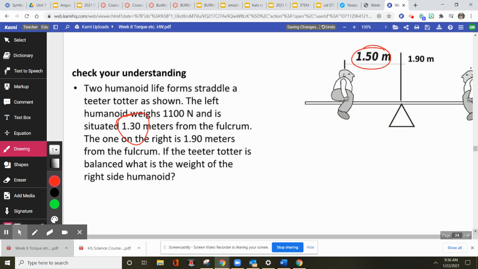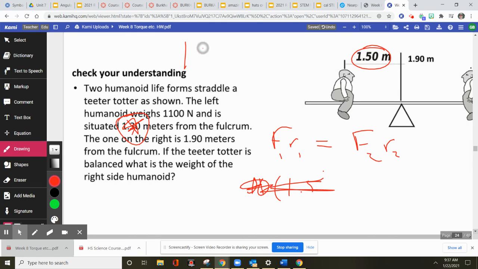So that was silly. For them to be balanced, the force times the radius of one has to be equal to the force times the radius of the other. Right? So let's just go with 1.5. And so we have 1100 times 1.5 equal to whatever this guy's weight is times 1.9.